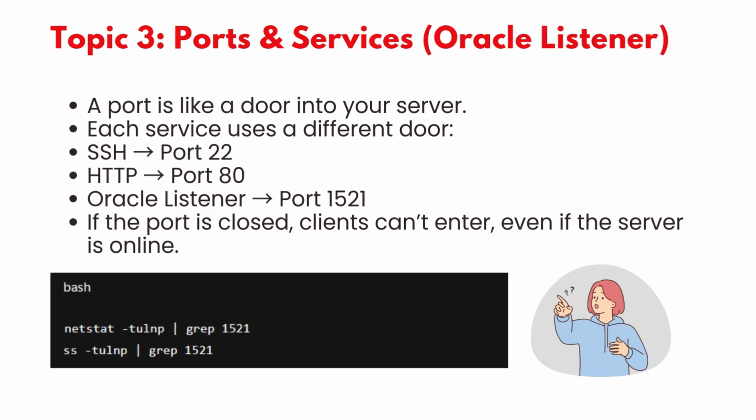SSH, secure shell, runs on port 22. And most importantly for us, Oracle Listener runs on port 1521 by default. So when a client tries to connect using SQL Developer or SQL*Plus, it is actually reaching your Linux server at port 1521. If that port is blocked or the listener is not running, the client will fail to connect.